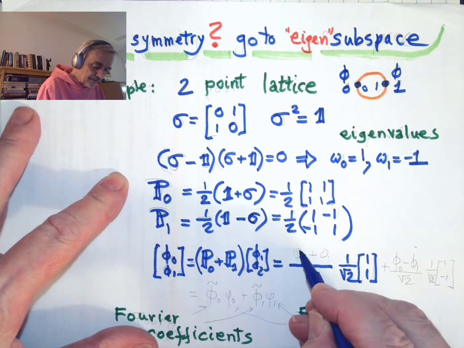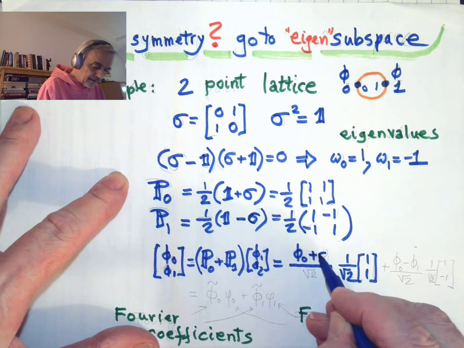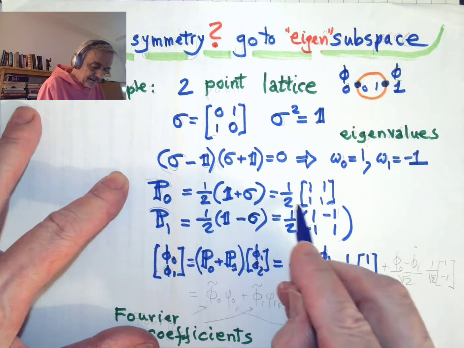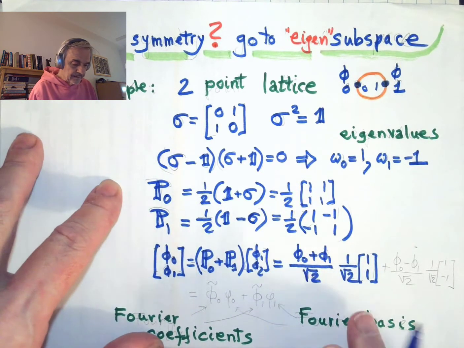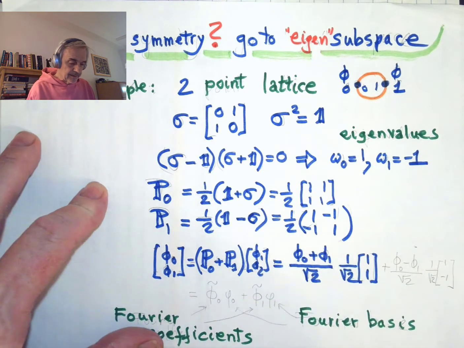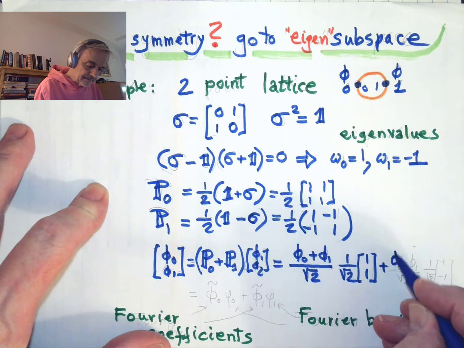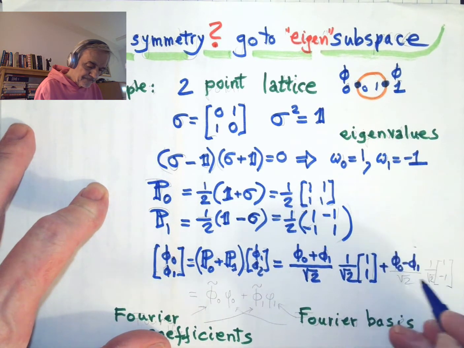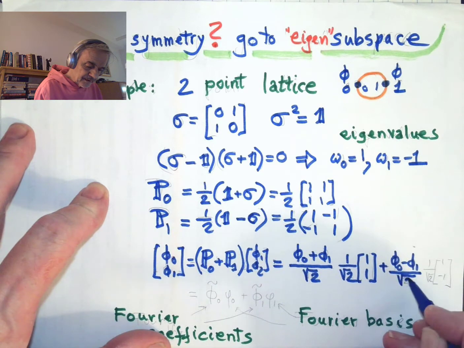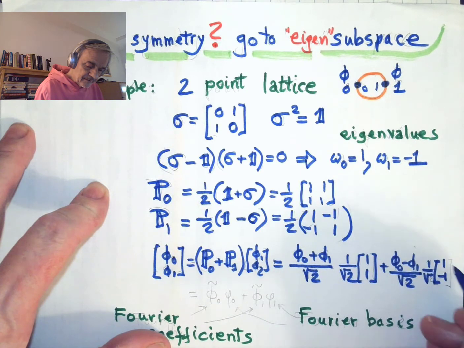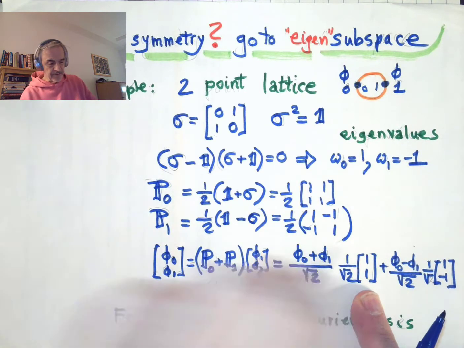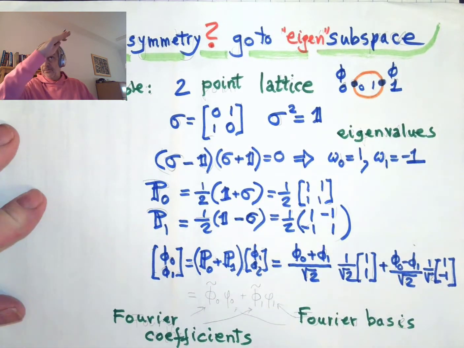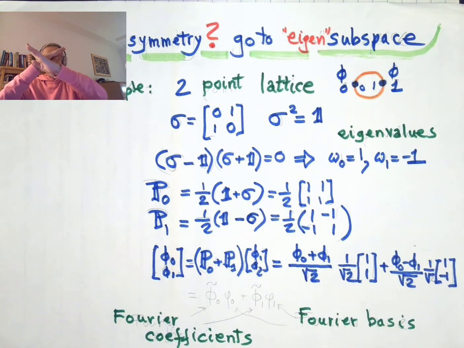So it says take phi 0, add phi 1 to it, and then we distribute the square roots of 2 between here and there in such a way that this vector has unit length, and then there's the other eigenvector, where I take a difference of the two guys. And this also has unit length. And this vector points in a 1, 1 direction, and this one points in the 1, minus 1 direction. So they're orthogonal and they're kind of diagonal eigenvectors.